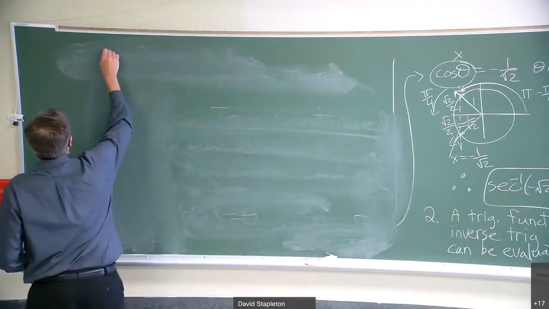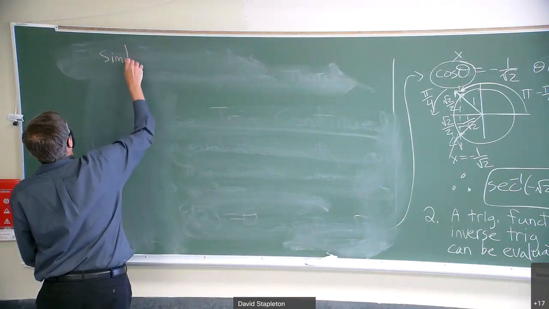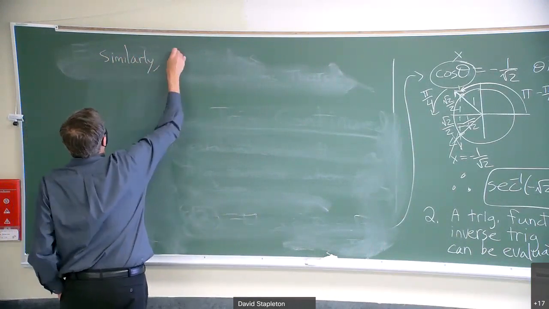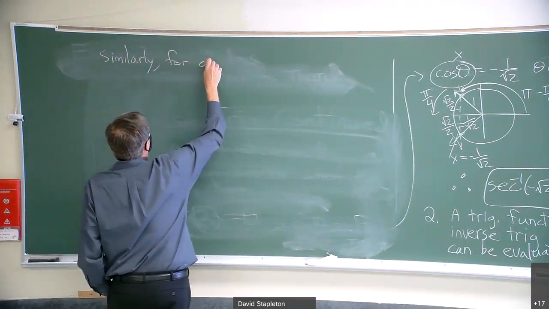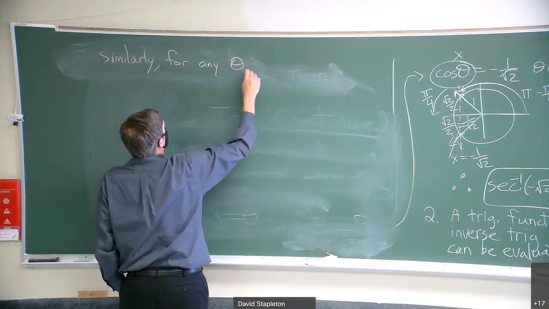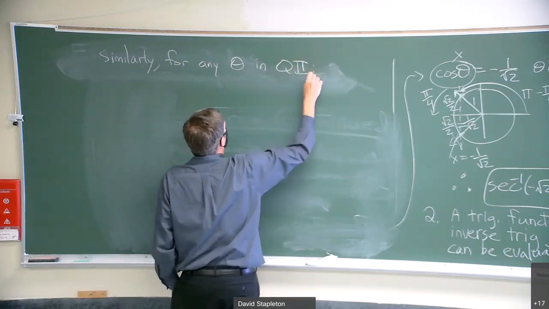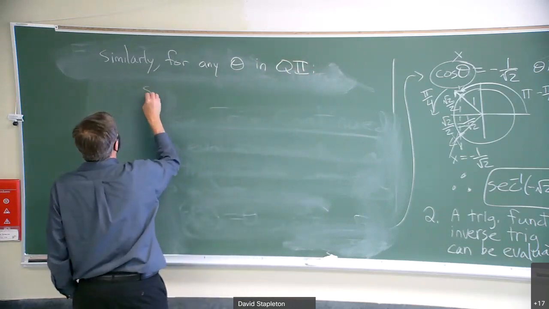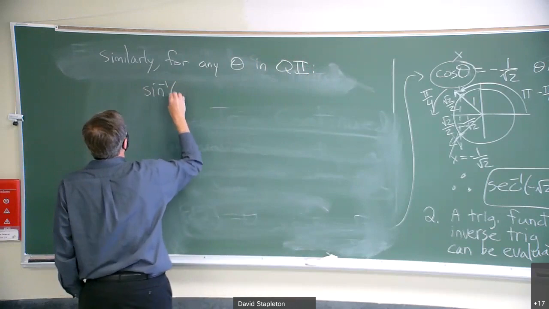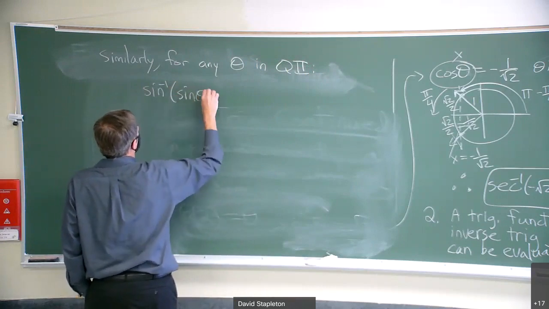We'll say that similarly, for any theta in quadrant 2, here's what we have: the inverse sine of the sine of theta. What could it be?